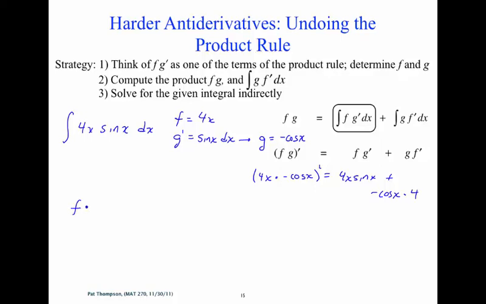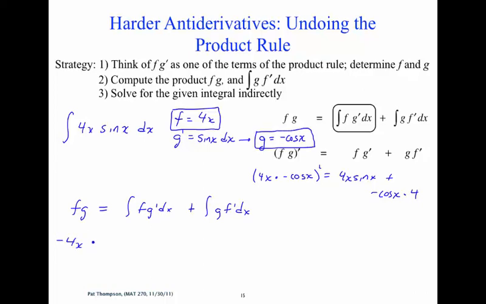I'll write it out again: fg equals the integral of fg prime dx, that's what we're solving for, plus the integral of g f prime dx. So what's f times g? Our f is 4x, and g is negative cosine x. So over here on the right side, we got negative 4x cosine x.